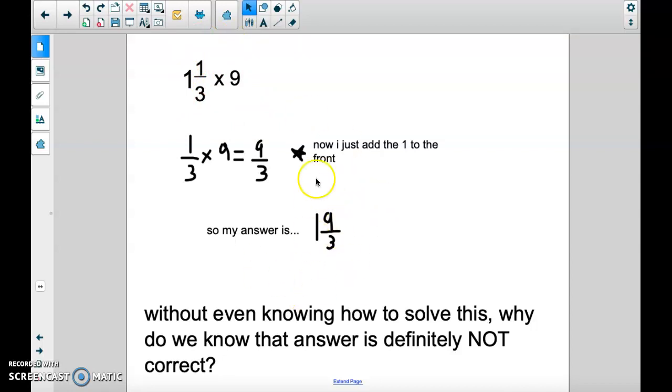So hopefully we said something like, I'm taking 1 1/3 groups of 9. So I'm going to have a whole group of 9 and then more than 9. So it doesn't matter how it looks wonky or anything. The reason is if we have 1 1/3 groups of 9, our answer has to be greater than 9 wholes. Okay?